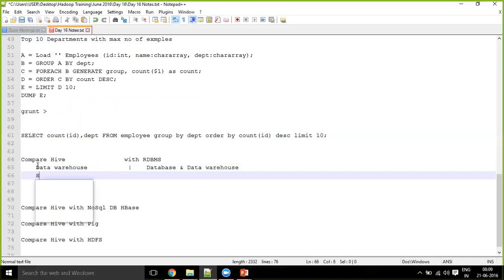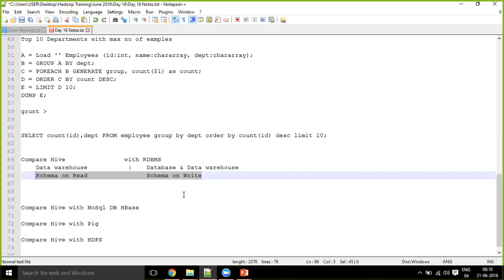And one more thing, schema on read and schema on write. This is another major difference. When you are inserting any record into an RDBMS table, your RDBMS, your Oracle, checks.